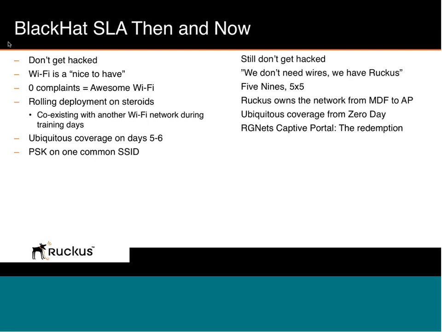So what happened starting this year was, during our first planning session, I heard the quote that no Wi-Fi engineer really ever wants to hear. We don't need wires. Our wireless works great. No Wi-Fi engineer is going to tell you that Wi-Fi works better or even as well as the wire. We're never going to get to that.